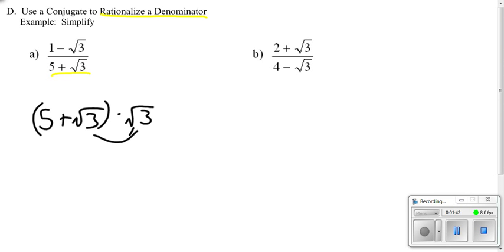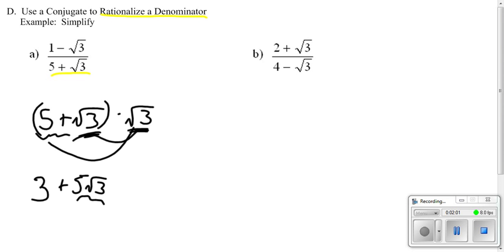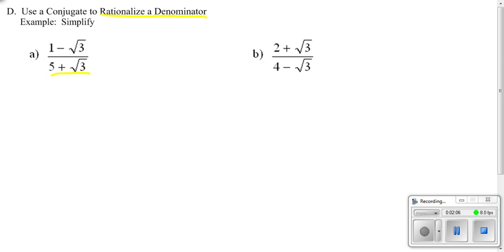Well, if we see how that works, we have to distribute it between the two. Square root of 3 times the square root of 3 is 3. Square root of 3 times 5 is 5 square roots of 3. So in this case, you did get rid of this radical here, but now you made a new radical by multiplying by our 5. So just multiplying by the radical is not going to work in these cases.